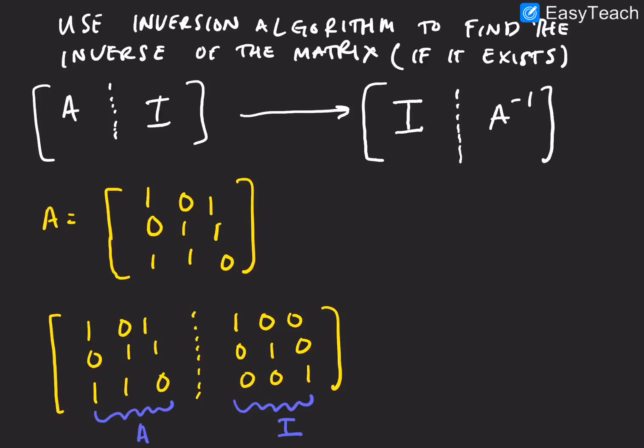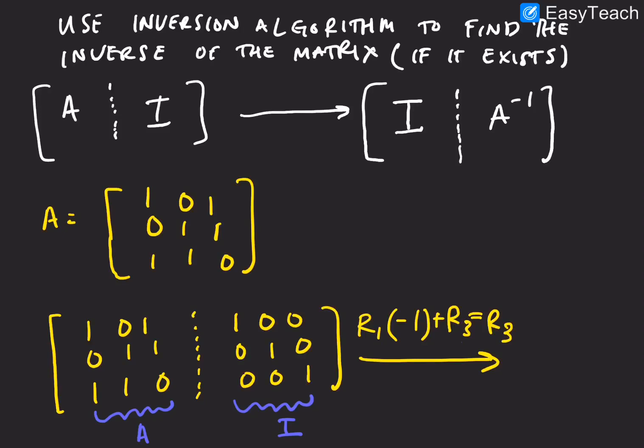So let's start doing some operations. First thing we're going to do is multiply row 1 by -1 and add it to row 3, and that's going to equal the new row 3.